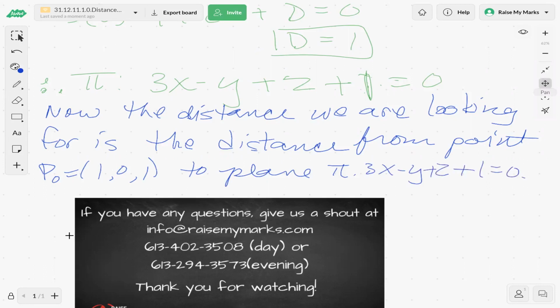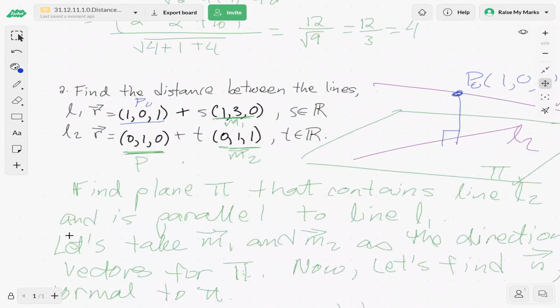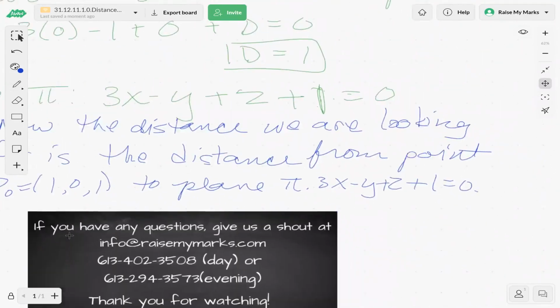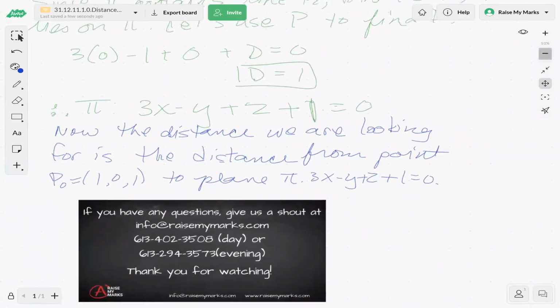Let me check that we got the right point. Yes, P0 is (1, 0, 1). We've got our plane, so let's find this distance.